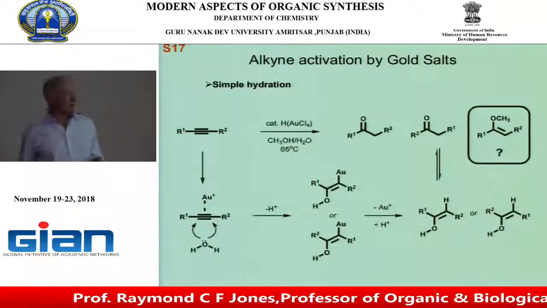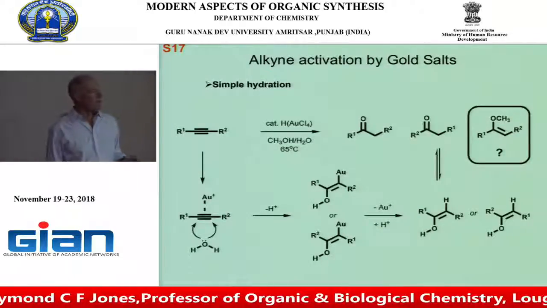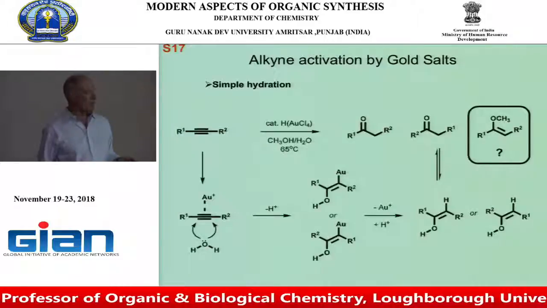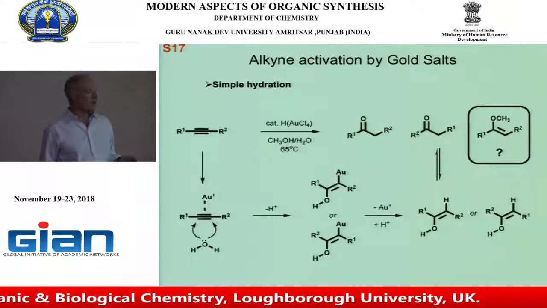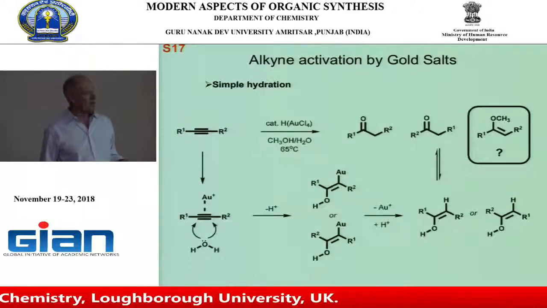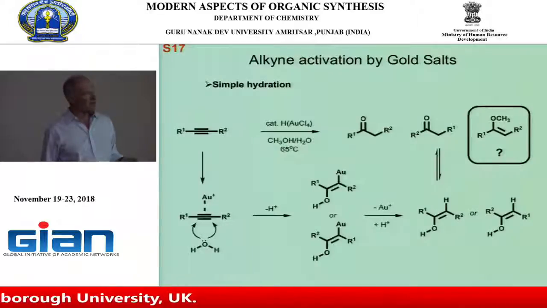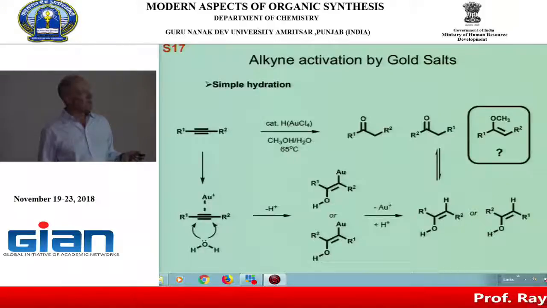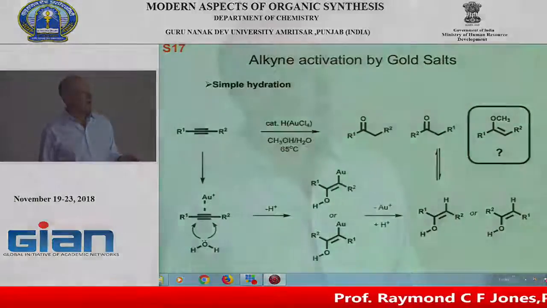Now, in a particular example, the substituents may favour one orientation of addition over the other. But in principle, if there's no particular bias in the alkyne, you should eventually end up with a mixture of ketones from hydration.